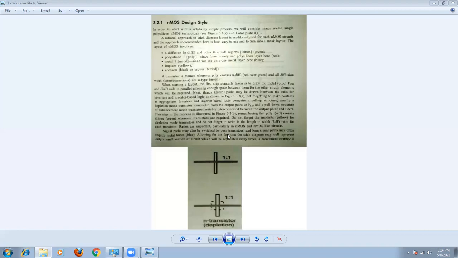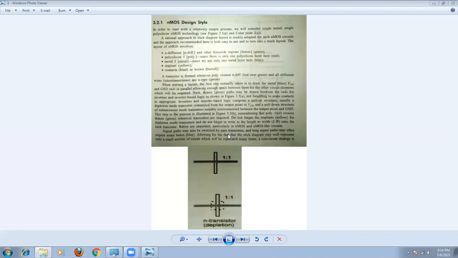And remember the most important thing in this case: whenever a contact is made with the diffusion and also the polysilicon, then we can use the buried contact. Another one is also there, that is the butting contact.